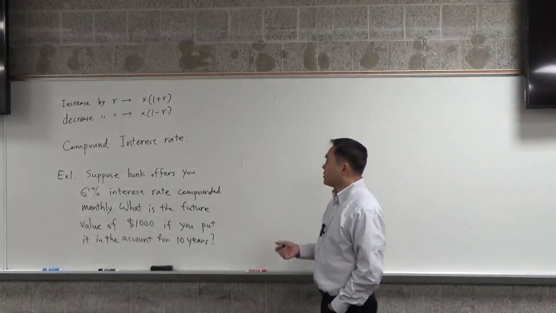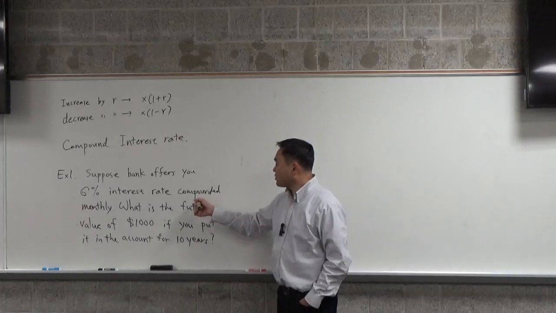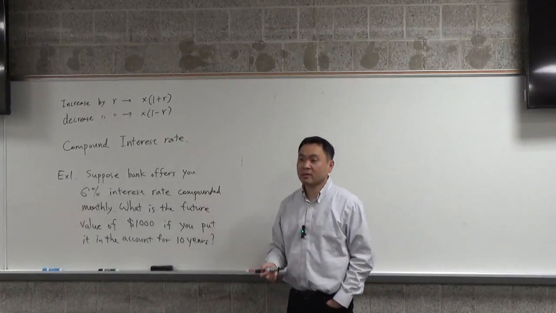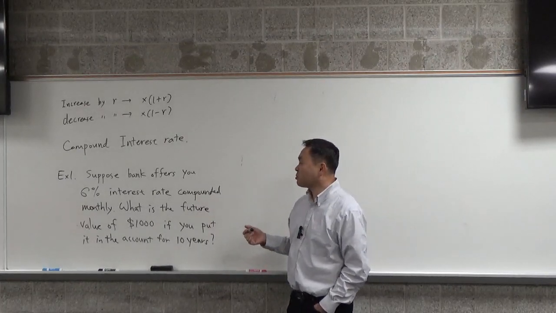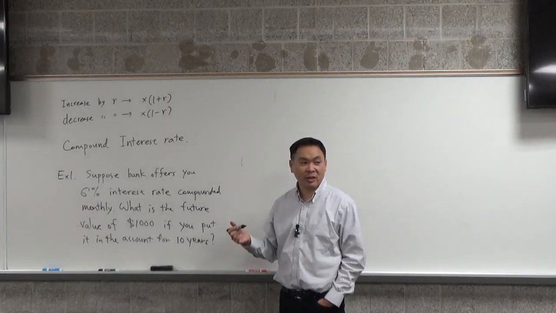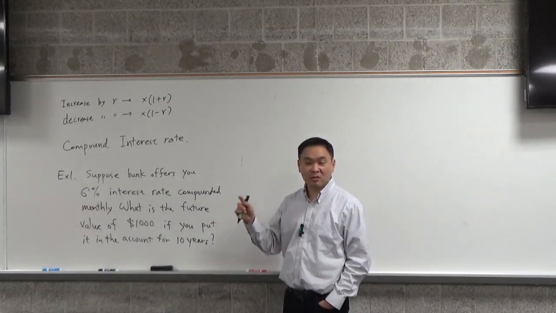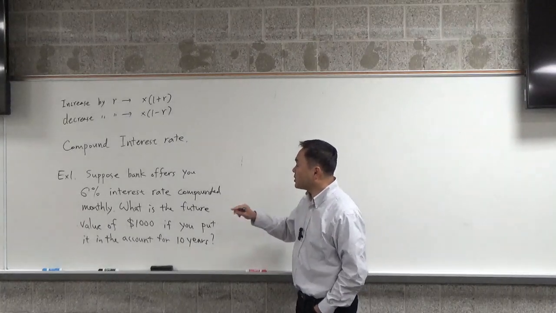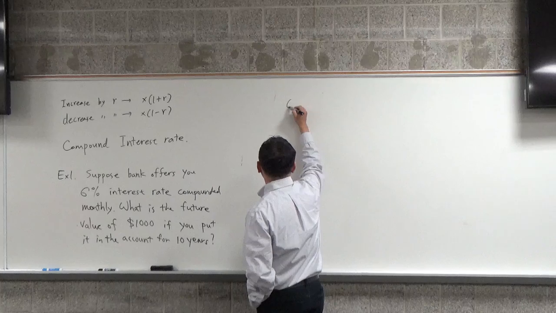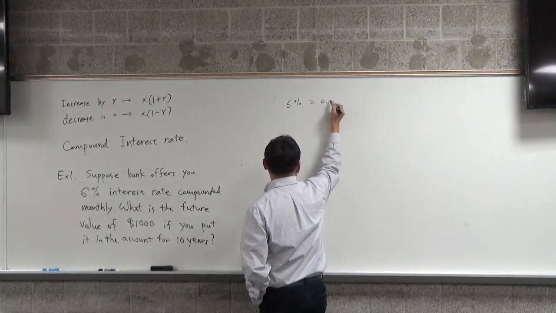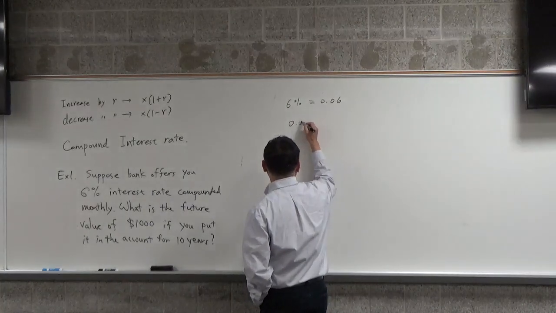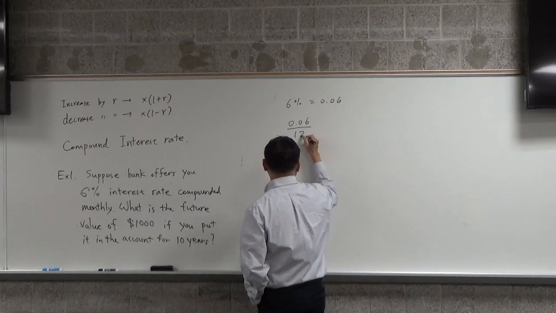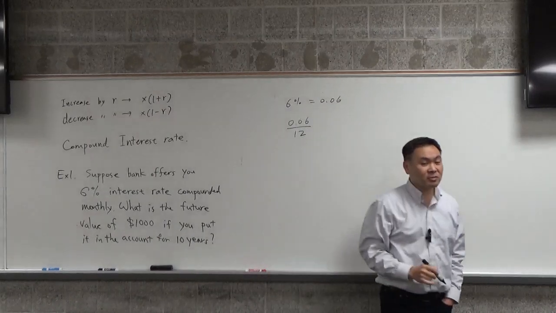But when it says compounded monthly, usually the banks do it by compounding quarterly. Every 3 months, they give you interest, okay? What it's doing is it's dividing this 6%, which is 0.06, into 12 equal parts, right?